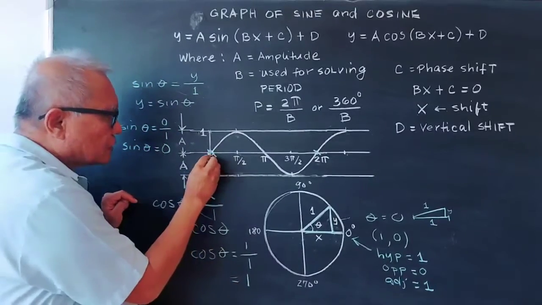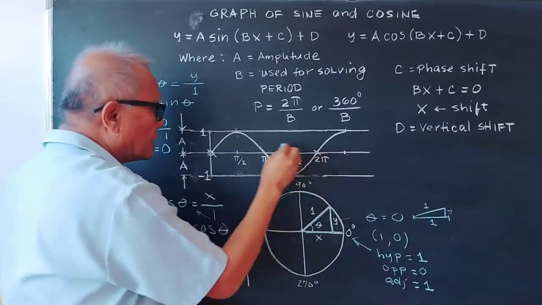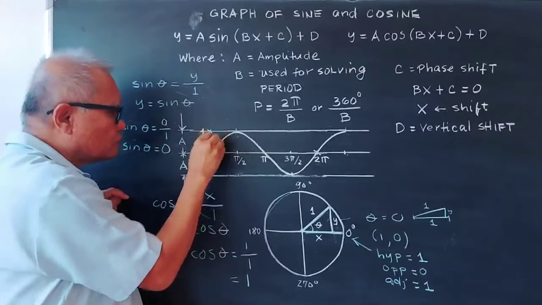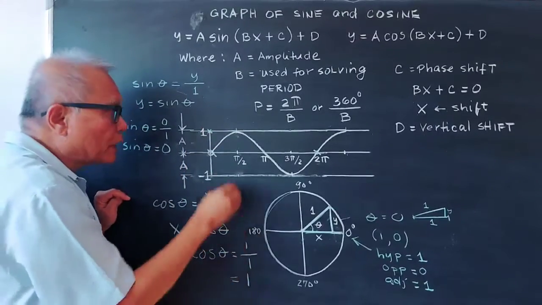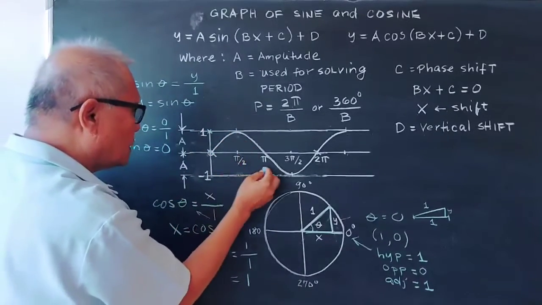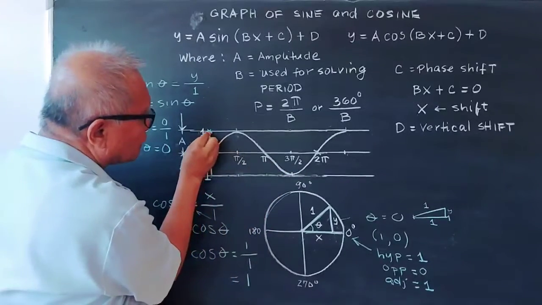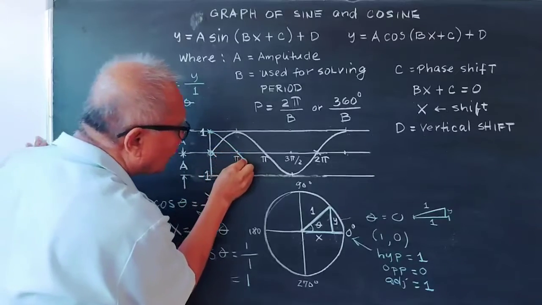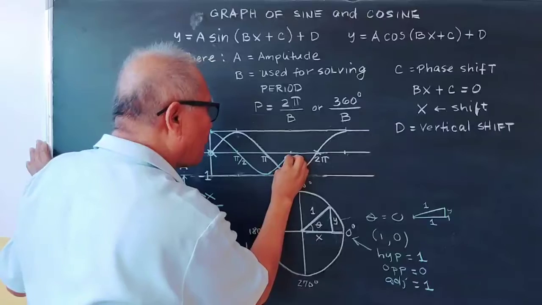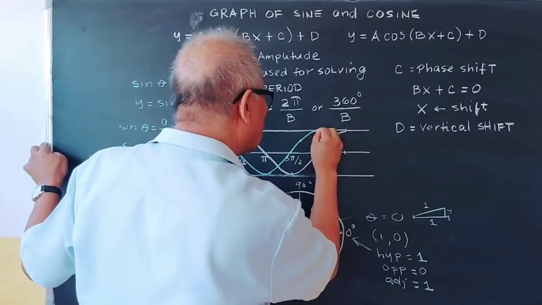So if the graph of our sine starts from 0, the cosine starts from positive 1, because we have 1 over 1 is 1. So for the cosine wave, this one is another color. We have the cosine wave like here, and then here, and then like that.